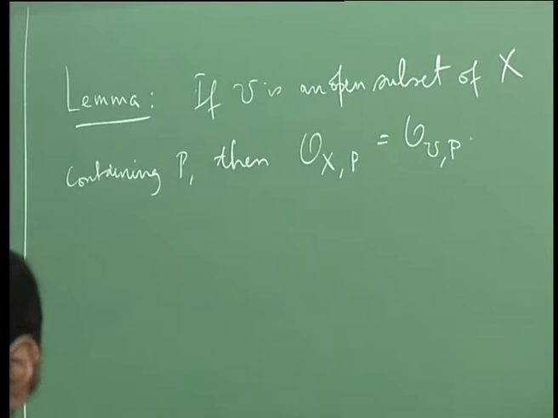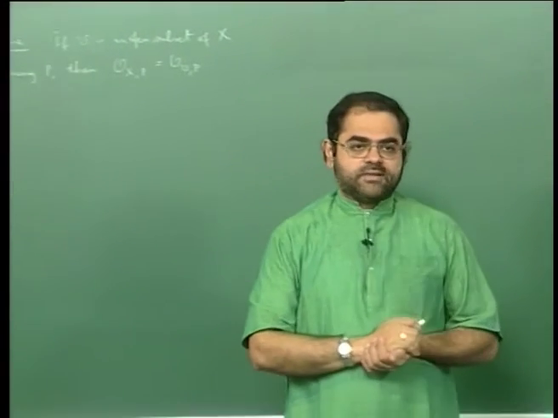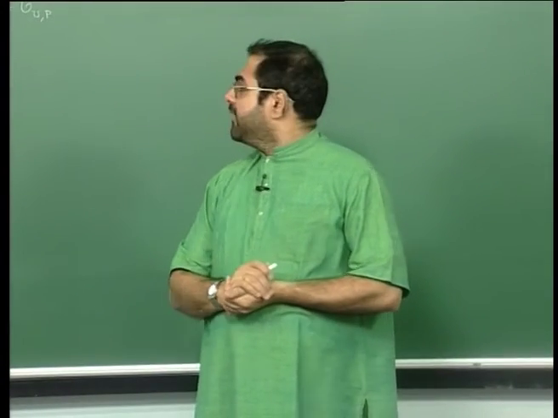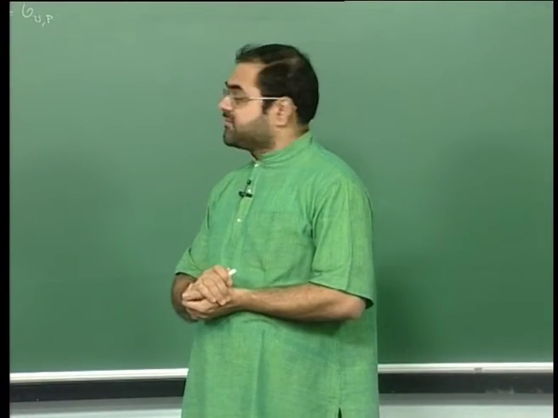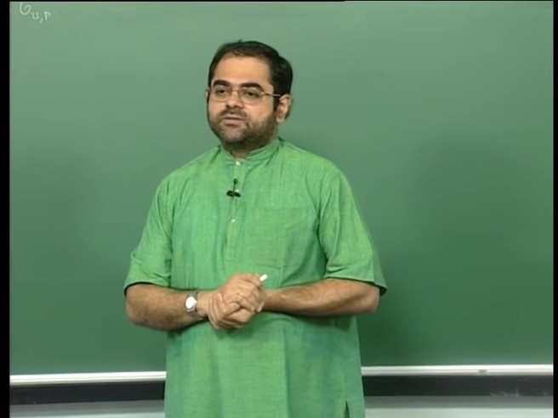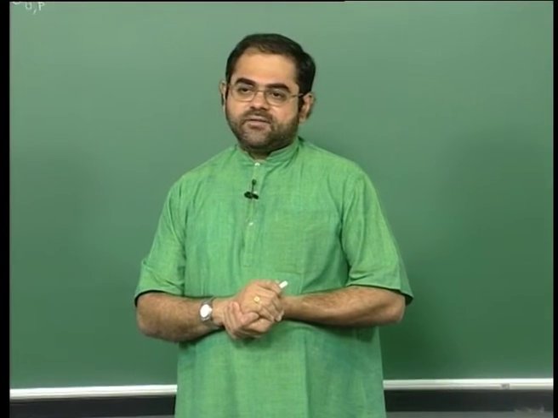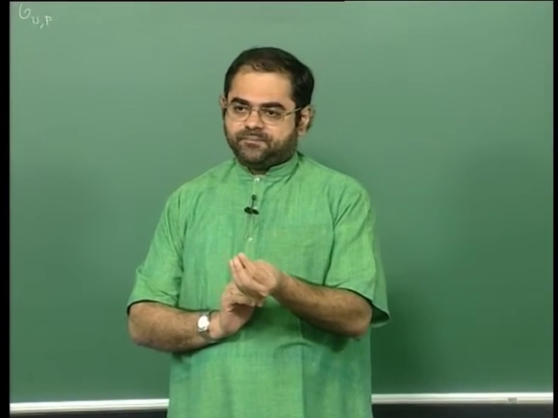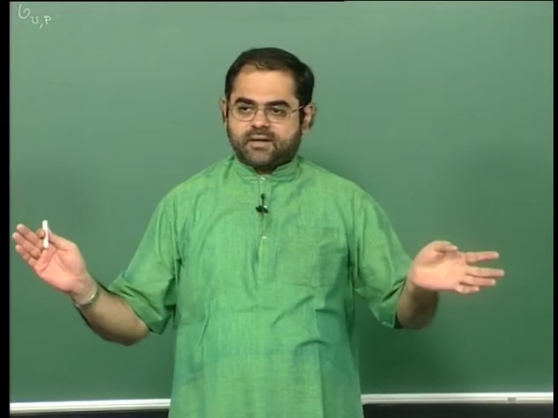So this is the important localness, namely the local ring at a point of a variety depends only on a neighborhood of the point. It does not depend on the ambient variety.